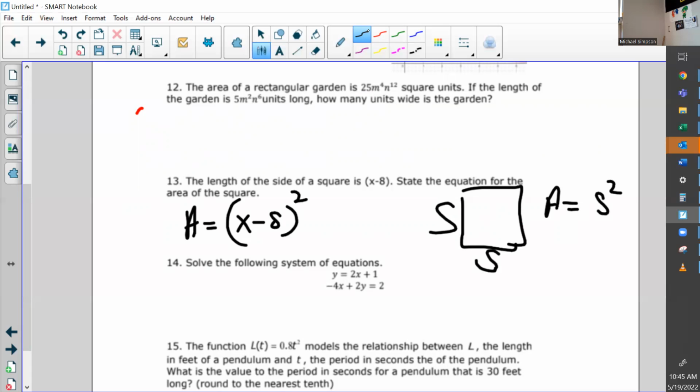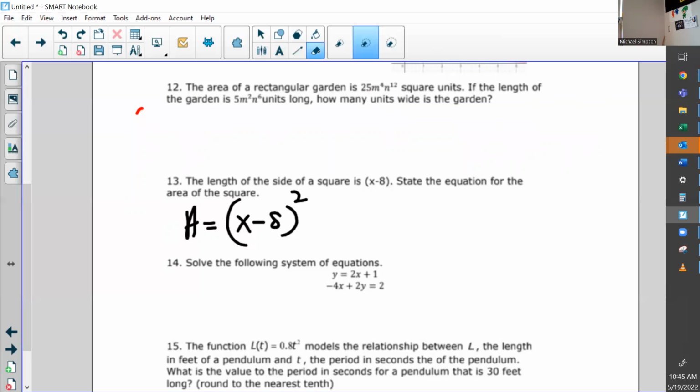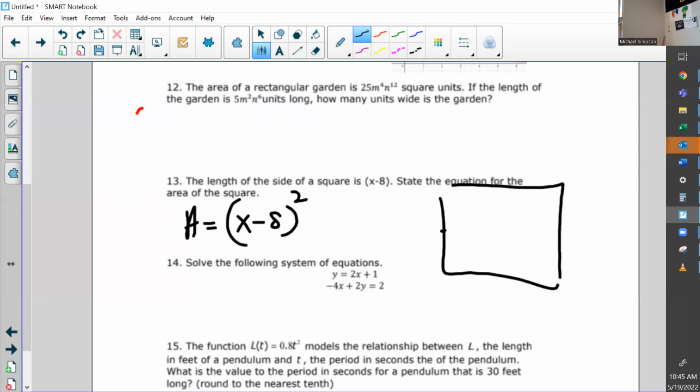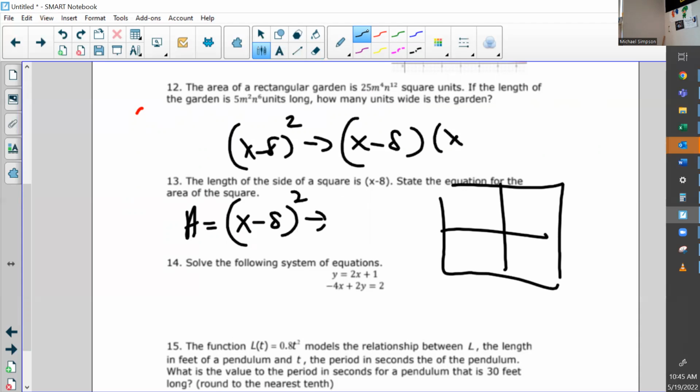Well, they want you to expand this out now. If you remember, to expand this you can use the box method. x minus 8 squared is just x minus 8 times x minus 8.